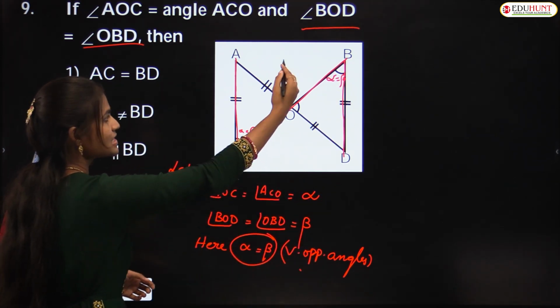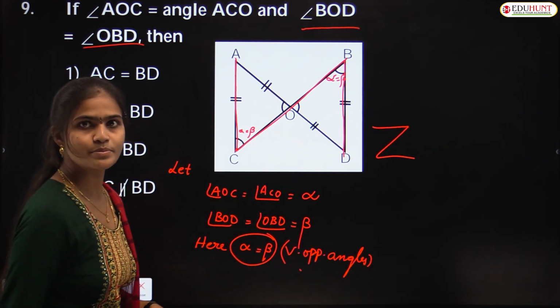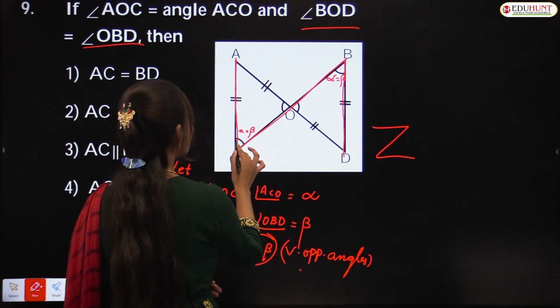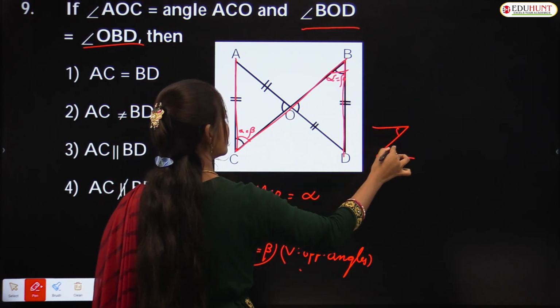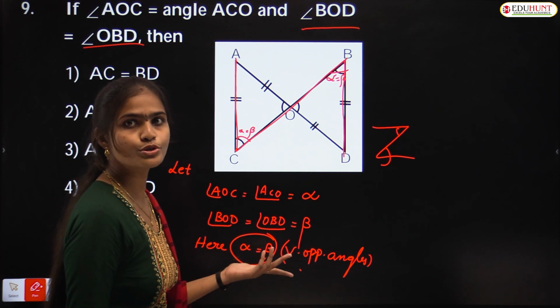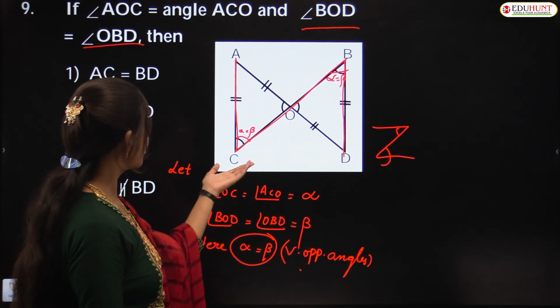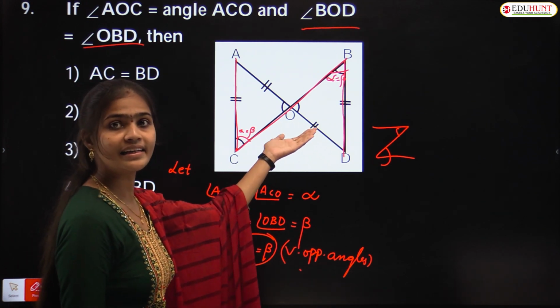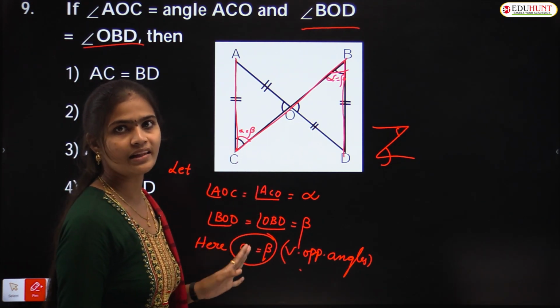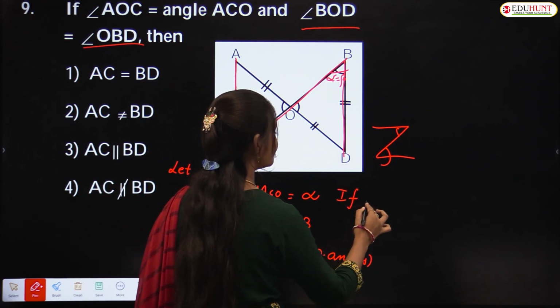When you observe this diagram, here we can observe a Z shape. So these two angles are equal. Which angles are those two? Yes, those two are alternate interior angles. So easily we can say that alternate interior angles are equal.